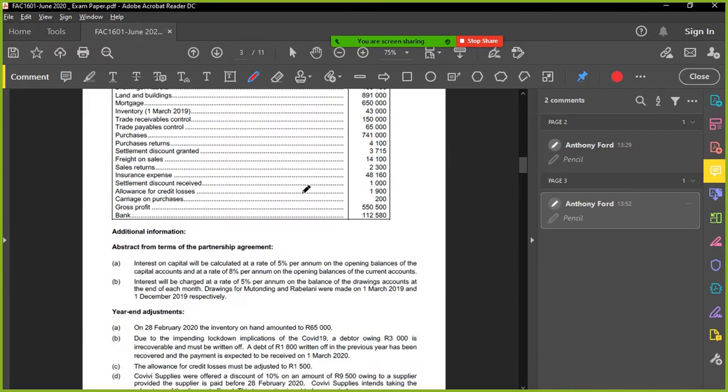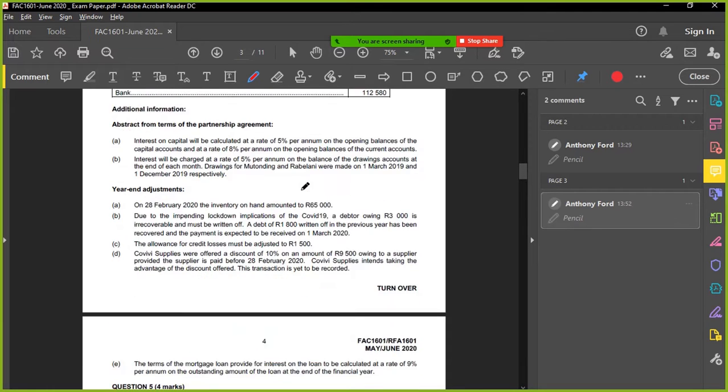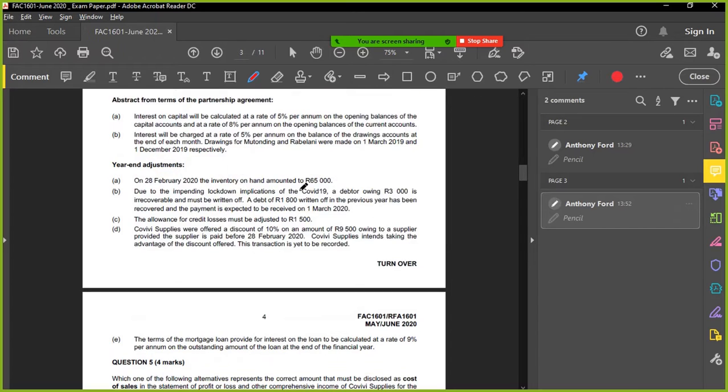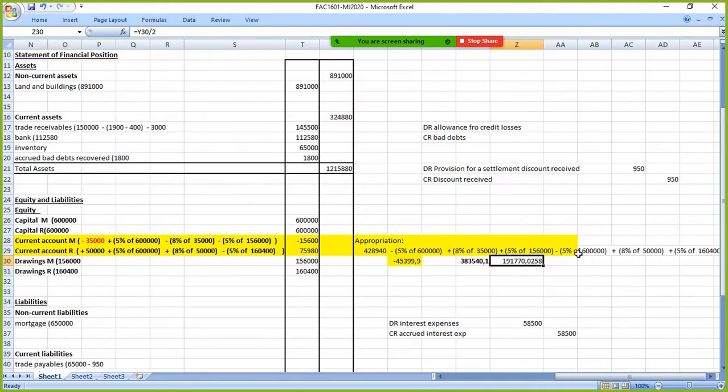No. Did they say? They didn't say, so I'm going to assume equally. Divide by 2. If I divide it by 2, I'm going to get that. And then obviously the current account is going to go up with that figure.